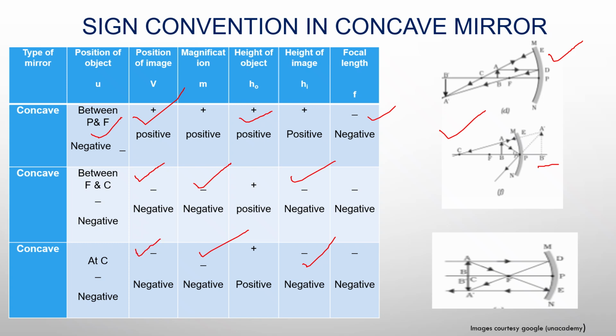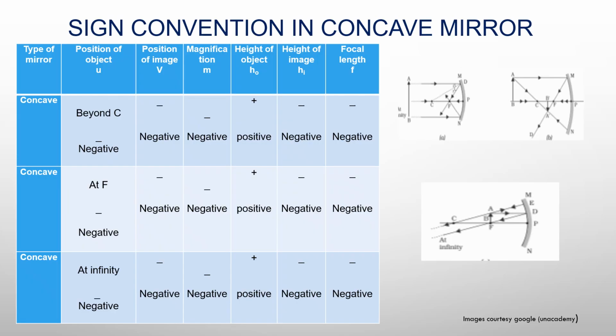Now suppose I write m equals -1, and I ask you which mirror is forming this image and in which case. You must be able to tell: minus is real and inverted and 1 is of the same size. So a real inverted same size image is formed where? In a concave mirror at the C position. Let us see some other cases.